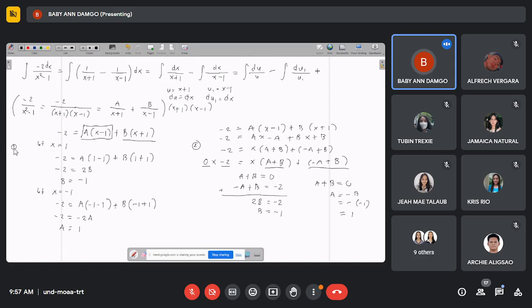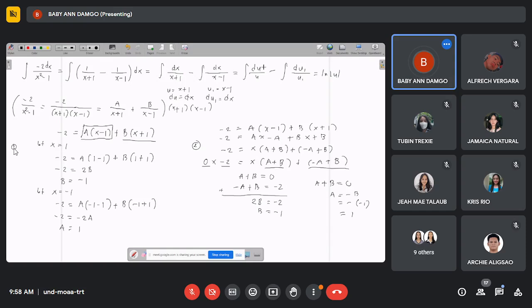So the integration of du over u is equal to ln absolute value of u. This is from the basic integration formula for ln. Minus, the same for u sub 1, plus c.